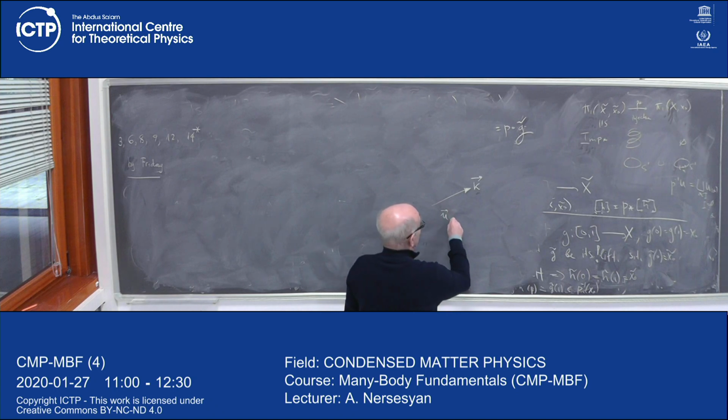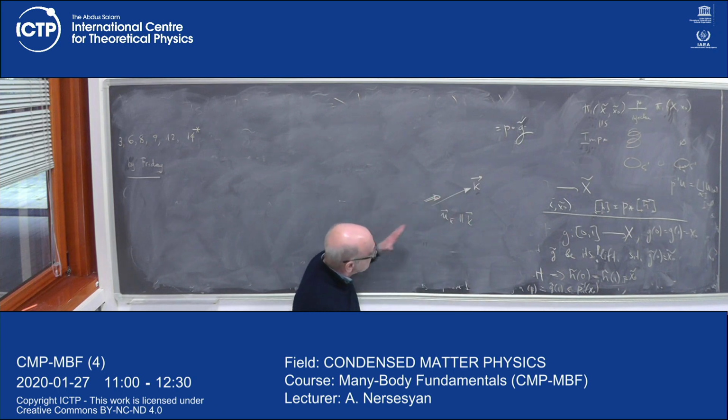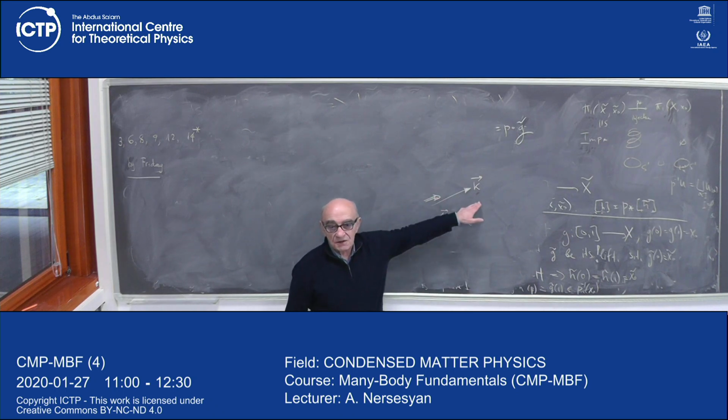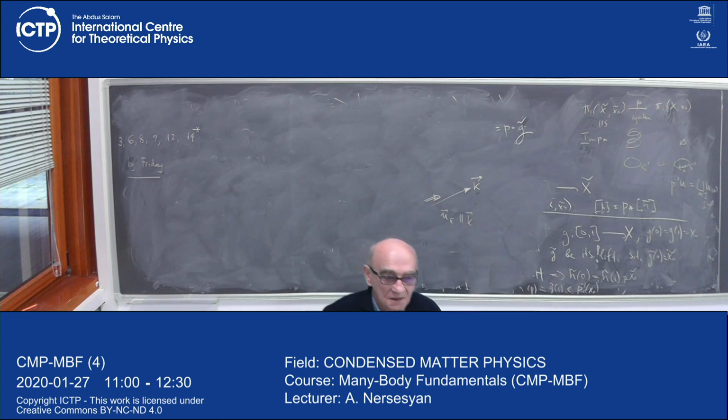Either your displacement, u of k, is parallel to k. So in other words, the displacement follows the direction of the wave. It's very much like what we have in the one-dimensional case. We have compressions and rarefactions just in the same direction as the axis.